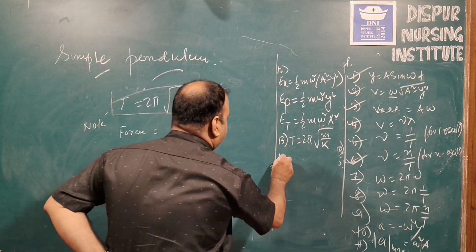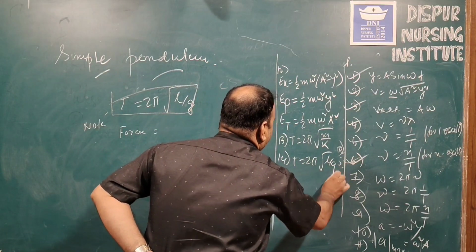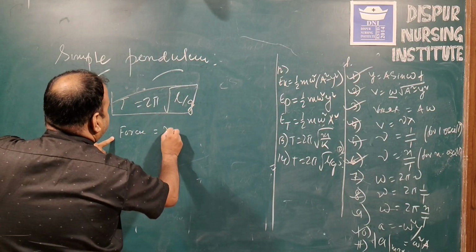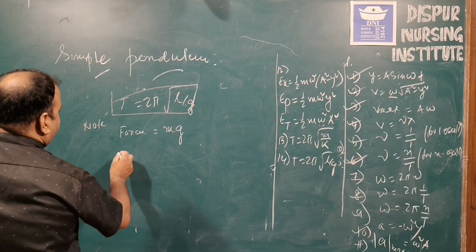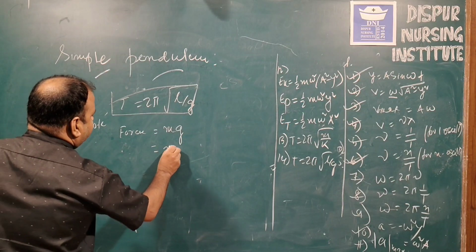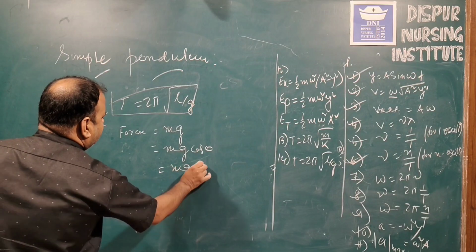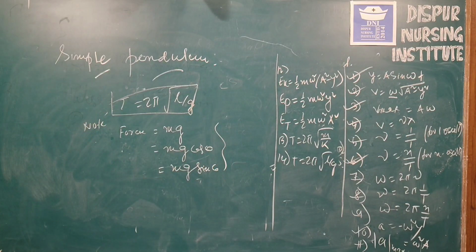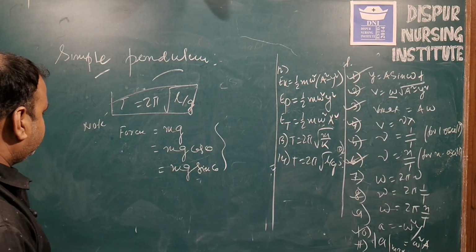So we can write T is equal to 2π under root L by g. Now force is equal to mg. That means this is the weight, this is a kind of force, and again we can write mg cos theta, and mg sin theta. These are the components of the forces during simple harmonic motion.